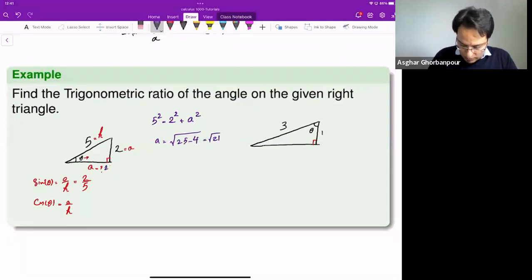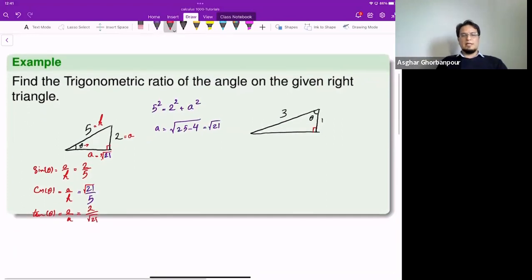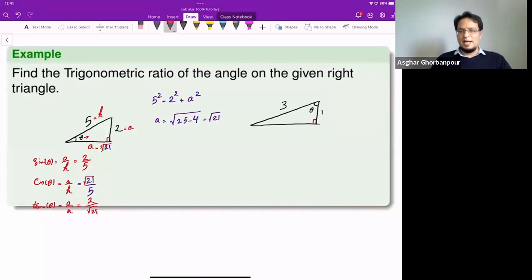So cosine will be root 21 over 5. Tan theta, on the other hand, is opposite over adjacent, which will be 2 over, was it root 21? Oh, I'm so happy today. That's why you'll see more mistakes from me.